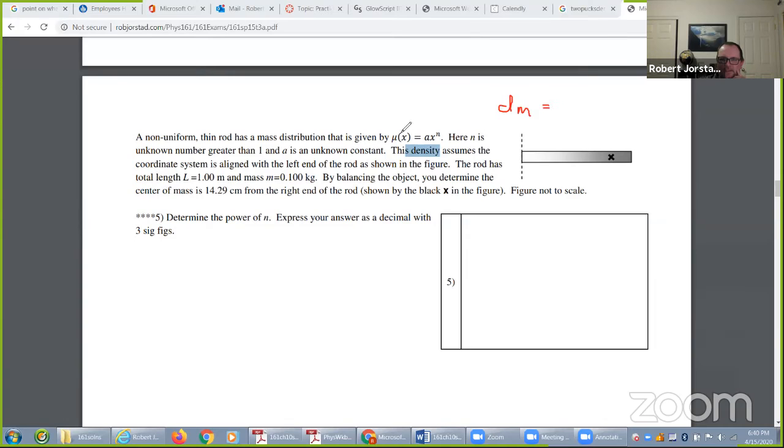In this case, I use the symbol mu, so it's mu dx. And then you do the integral, n comes out in the exponent, and you solve for it.